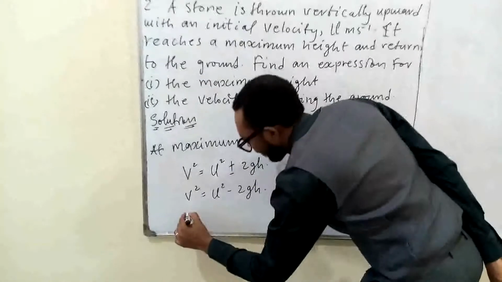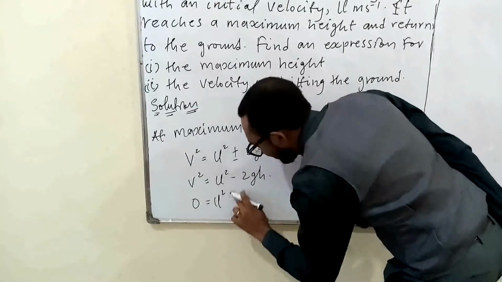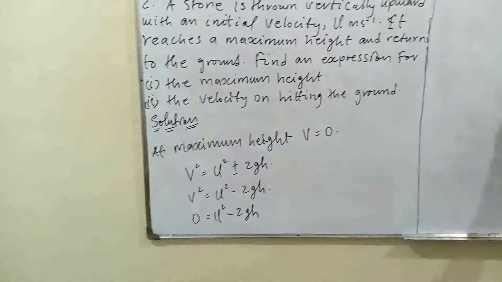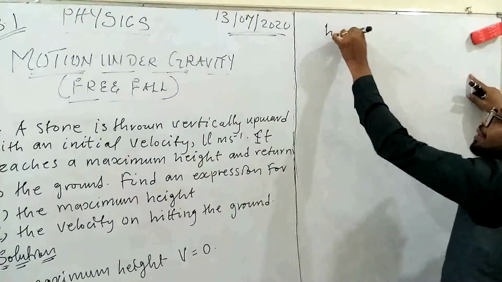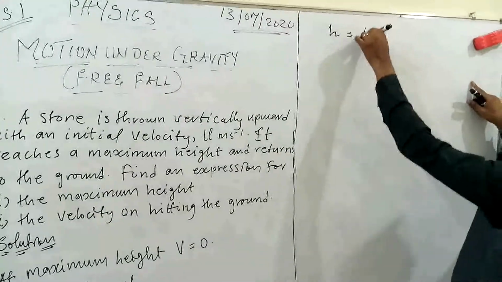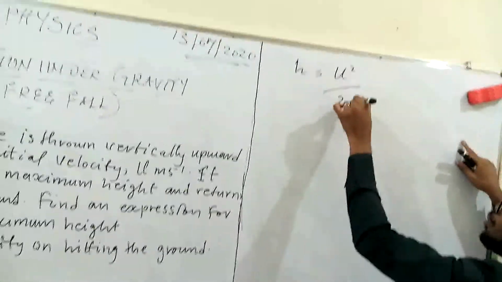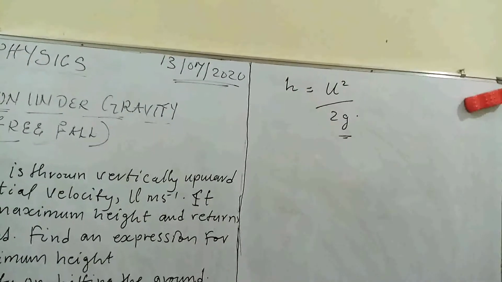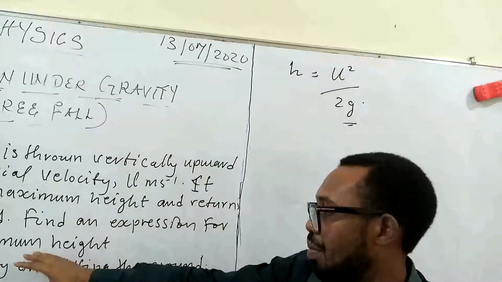So from here, 0 equals u squared minus 2gh. From there, we can say that h equals u squared over 2g. Is that clear? So we have derived an expression for the maximum height.